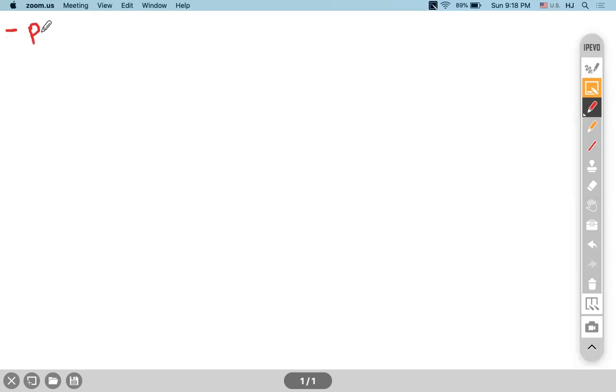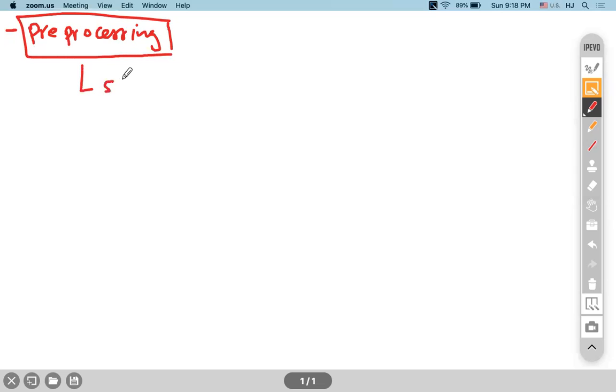So we do sort of pre-processing, in which we try to standardize the data, try to detect and remove outliers.